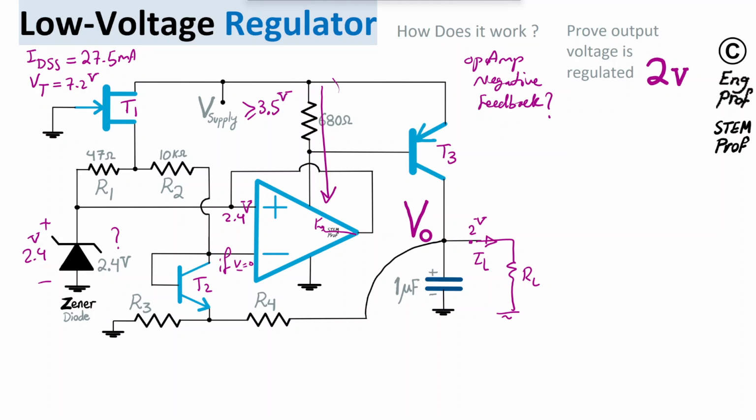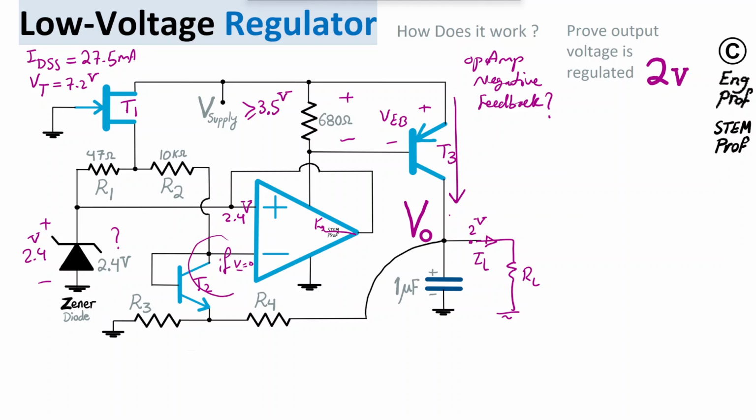If that's the case, then the voltage drop across the 680 ohm resistor is increased, and it's designed in such a way that it will provide the required emitter-base voltage for the PN junction of the PNP transistor, so that it turns on and starts increasing the current, which then increases the output voltage by providing more current to the branch of R4, R3, so the voltage is increased at this point.